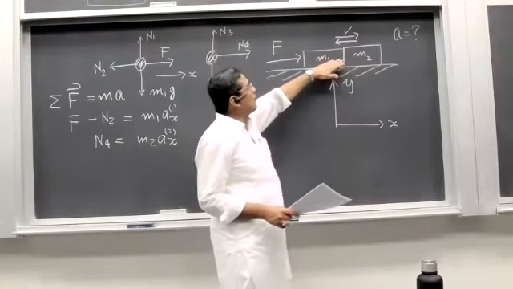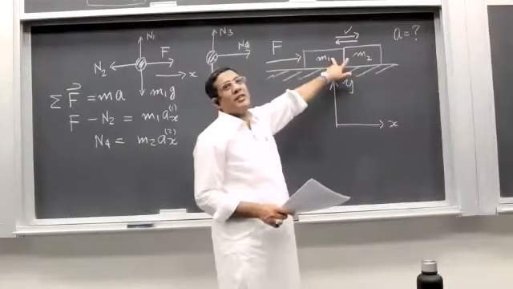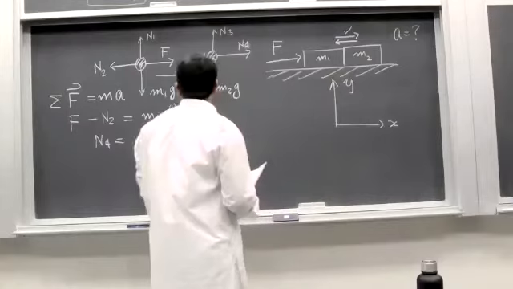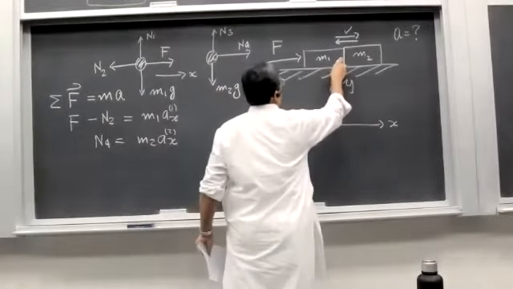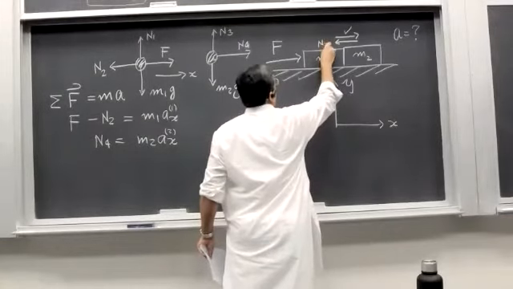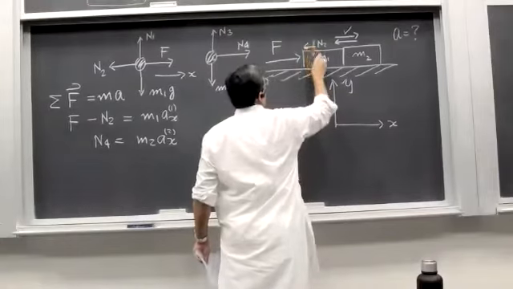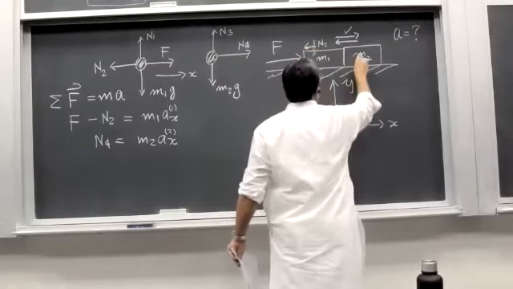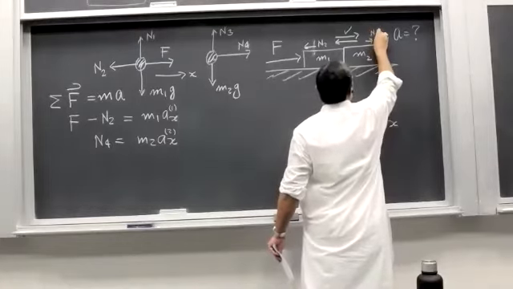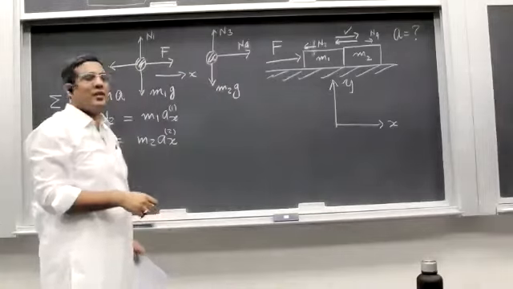And these forces, although acting in opposite directions and on two different bodies, are not acting on the same object. You have to be careful with this, okay? N2 is acting on M1 in this direction, and N4 is acting on this object in this direction. But Newton's third law says that their magnitudes are equal.